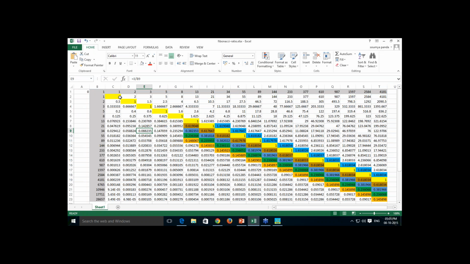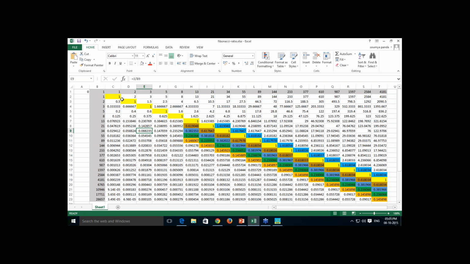Sometimes I divide position-wise, the first Fibonacci number by the first, or by the third, or by the fourth. By this process, whenever I do the division, I get a constant ratio.